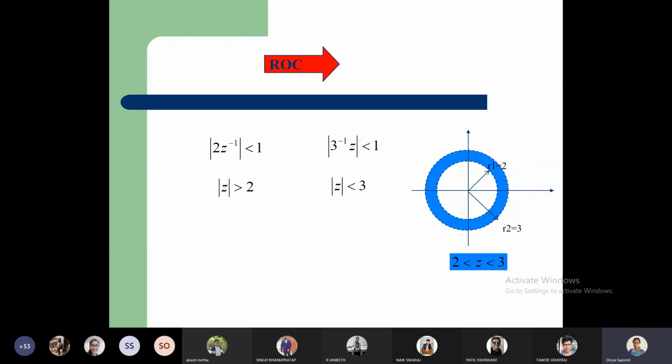So for the region of convergence, one case is Z value should be greater than 2. The other case, Z value should be less than 3. So the common area is between the circles with radius 2 and 3. The region of convergence lies between the Z value 2 and 3. So this is the solution of that numerical.